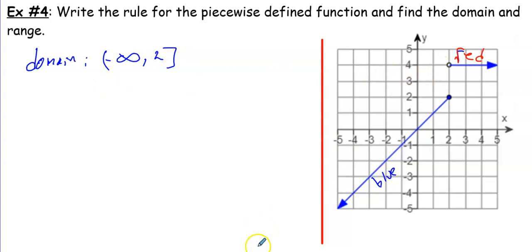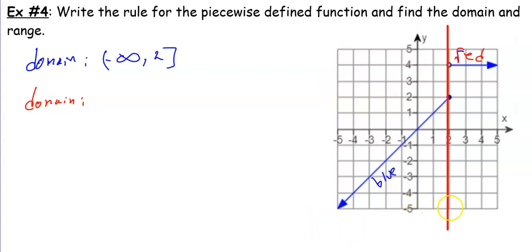Let's find the domain of our red function. Once again, let's take our vertical red line. Has my red line started? No, my red line doesn't start until it gets there. What is that x value? The red line starts at 2.